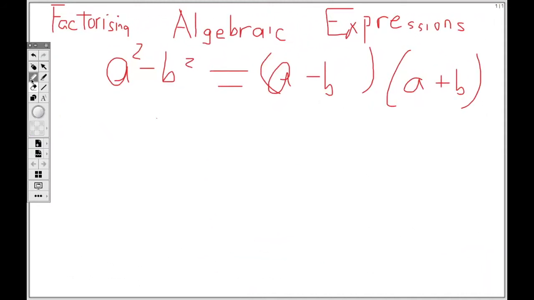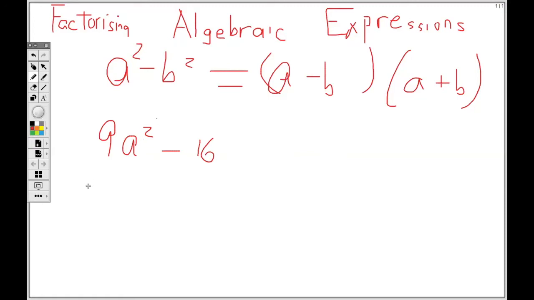Now we could have 9a squared minus 16. First thing we're going to do is ensure that all of these is rewritten as a perfect square.